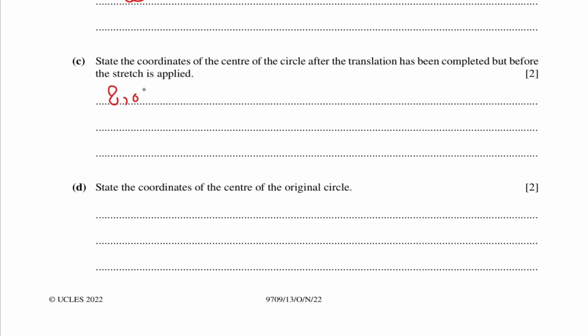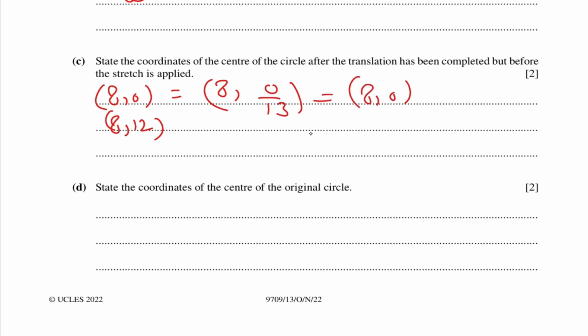Its coordinate after stretch was 8, 6. Before the stretch, the first coordinate stays 8, and the second, 6 divided by 3, becomes 2. So the center will be 8, 2.